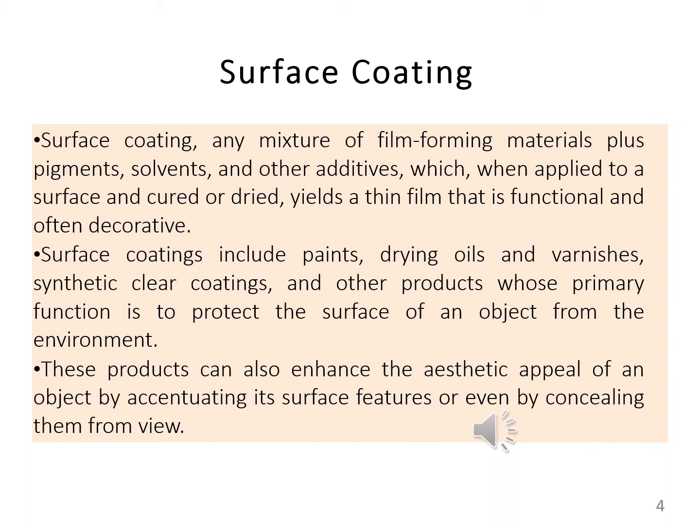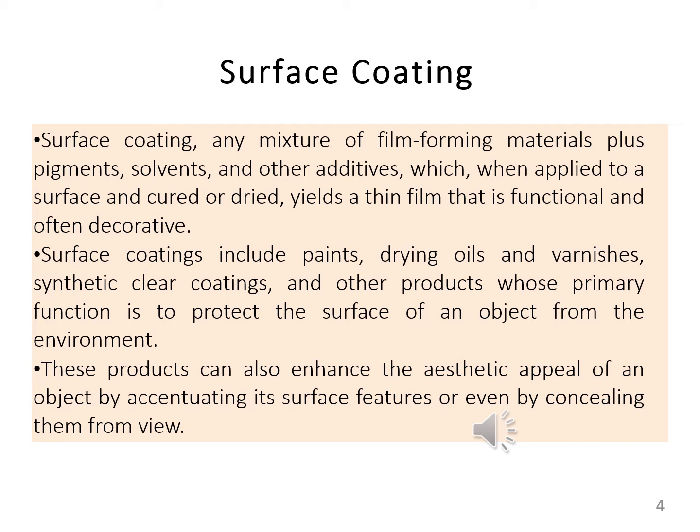So, which materials are included in surface coating? Surface coatings include paints, drying oils, varnishes, synthetic clear coatings and other objects. All these types of materials are included in surface coating.